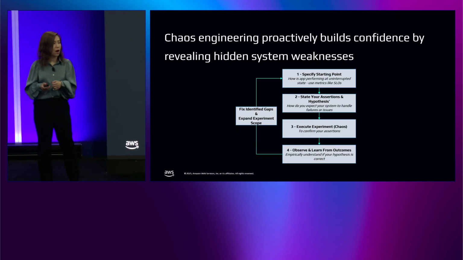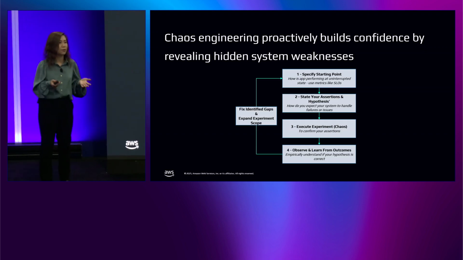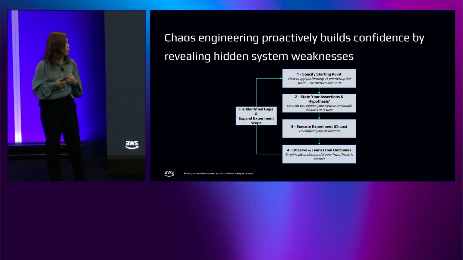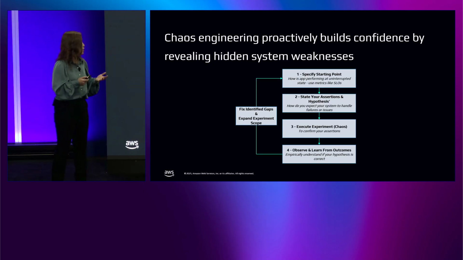First, incorporating chaos testing at the beginning ensures resilience isn't something we think about only after failures occur. It should be something that's part of our development process. By designing with failure in mind, we make sure that our applications can degrade gracefully when there's a failure.